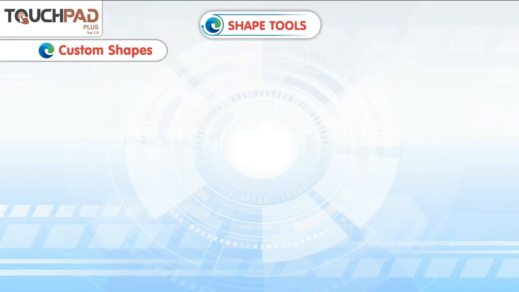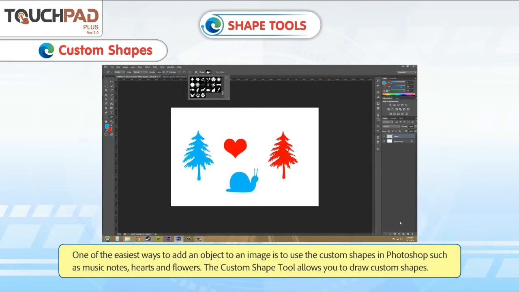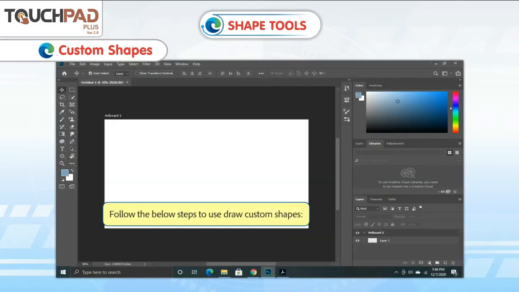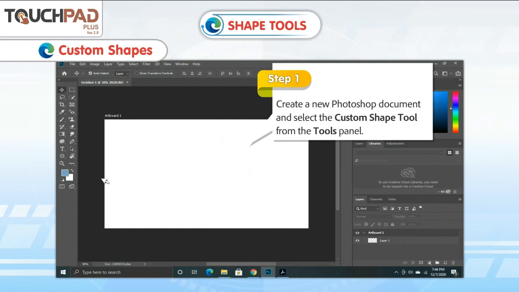Custom shapes. One of the easiest ways to add an object to an image is to use the custom shapes in Photoshop, such as music notes, hearts, and flowers. The custom shape tool allows you to draw custom shapes. Follow the below steps to use Draw Custom Shapes. Step 1.